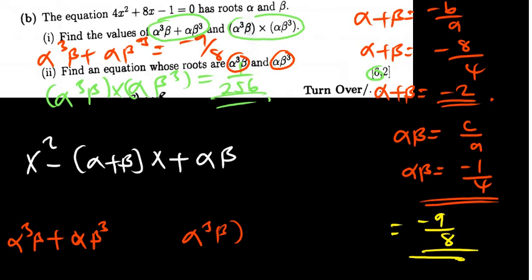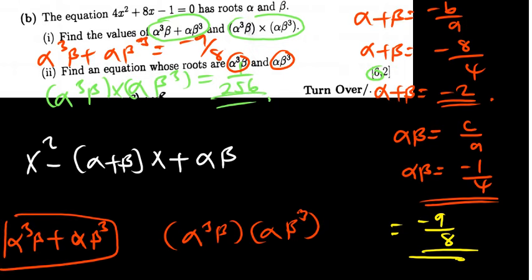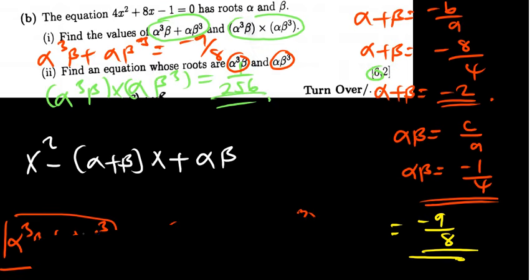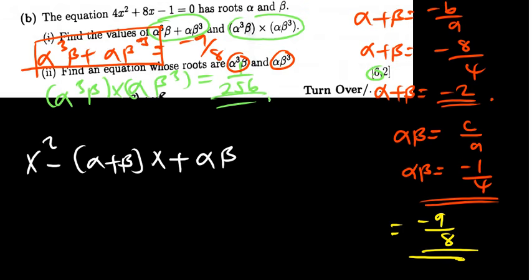The reason why this question had 2 marks is because they knew the values you are going to plug in are the ones you have found already. So for this one I have already, which is negative 9 over 8. So I'll just go ahead and plug in the values. The one for plus is this one. The one for multiplication is this one.